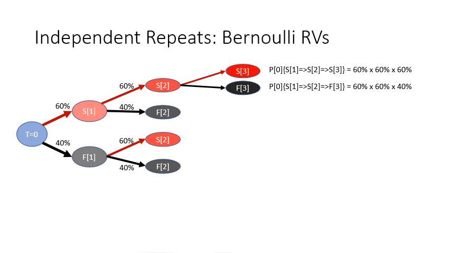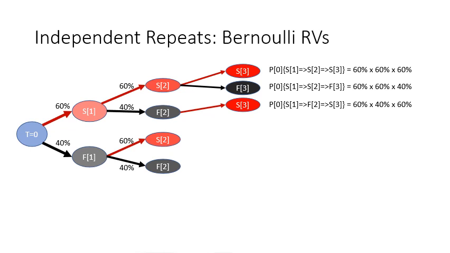Now, the second possibility is that we have failure at the third step. So 2 successes followed by failure. The probability at time equals 0 is just 60% times 60% times 40%. Then we look at the second branch. In this branch, we had success at the first period, then failure at the second period, followed by success.